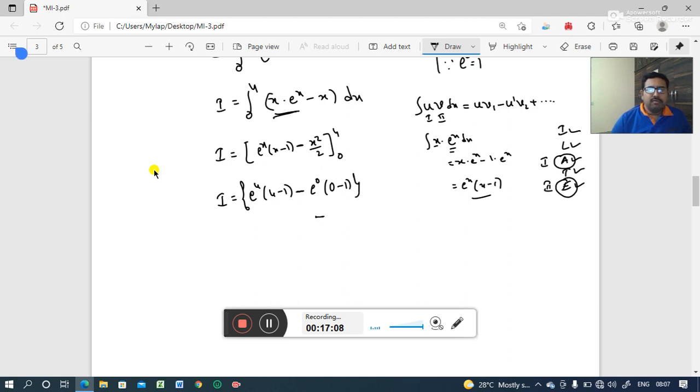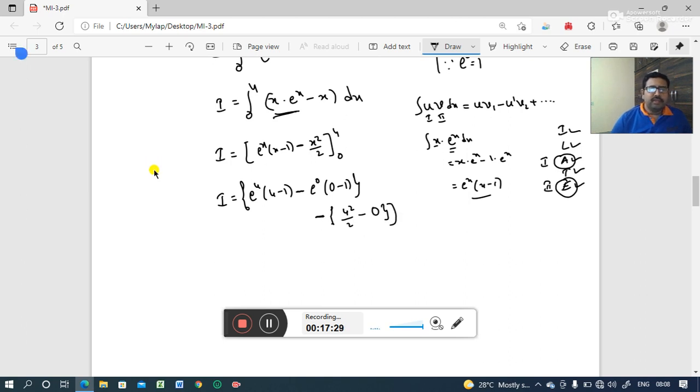Minus, now on the second term we apply the upper and lower limits. In place of x square, if we use 4, we get 4 square by 2 minus 0 by 2, which means 0.